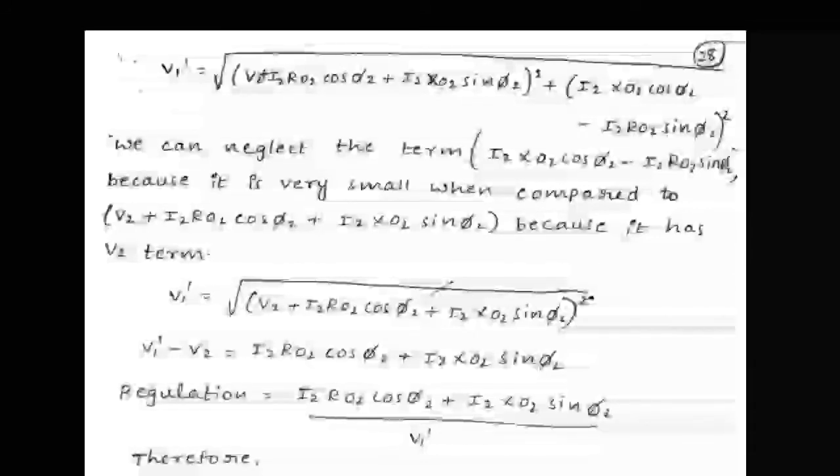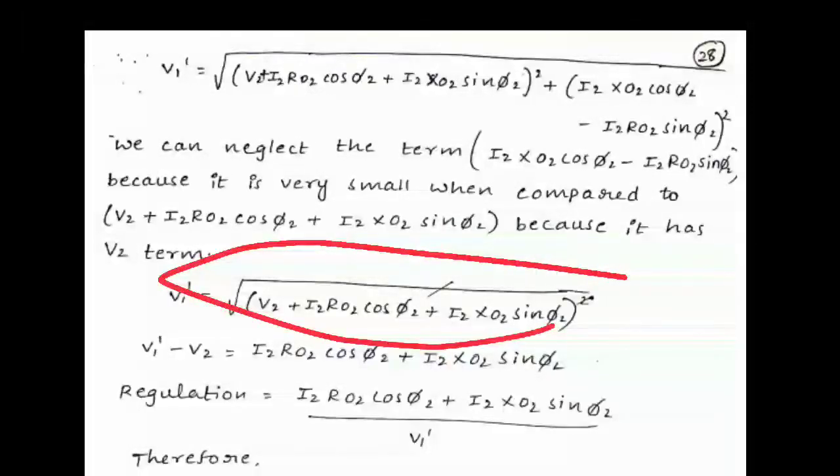Therefore, we can neglect the magnitude corresponding to the imaginary part. Now the total V1 dash becomes equal to V2 plus I2 R02 cos phi 2 plus I2 X02 sin phi 2 only. So this is the equation we have.